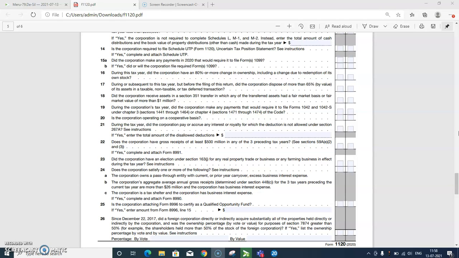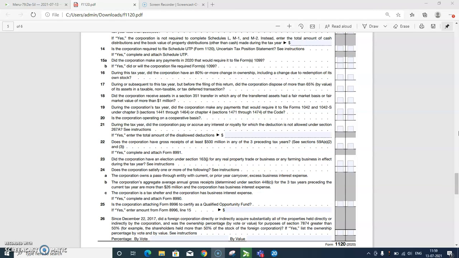Now coming to question 23. The limitation on business interest expense applies to every taxpayer with a trade or business unless the taxpayer checks yes because the corporation has an election to exclude a real property trade or business or a farming business from section 163(j). For more information, see the instructions for section 163(j) and the instructions for Form 8990.